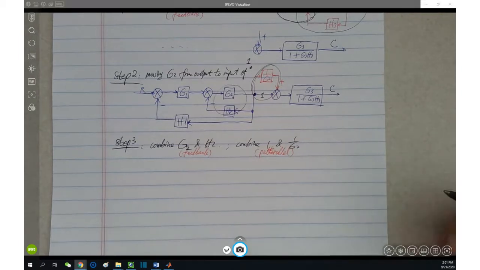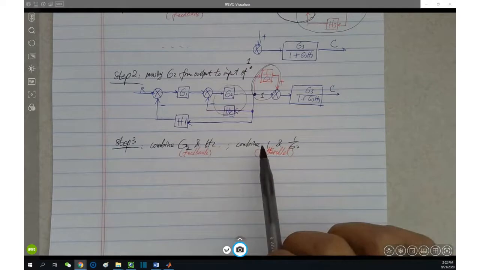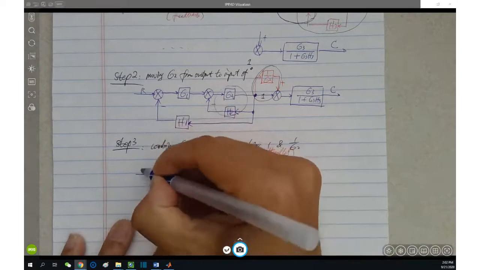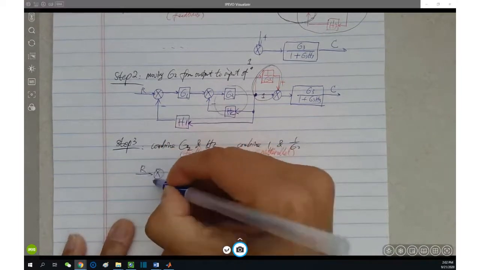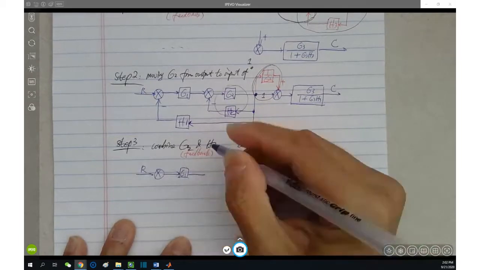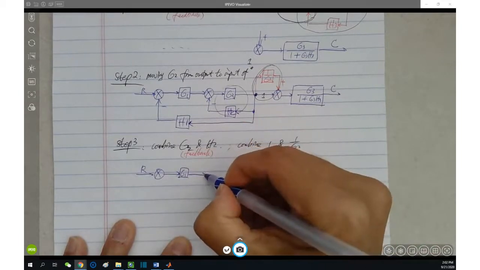Anything else? Because actually after these two combinations, things become very easy, isn't it? This becomes super easy now. G1 remains. The summing junction is gone.